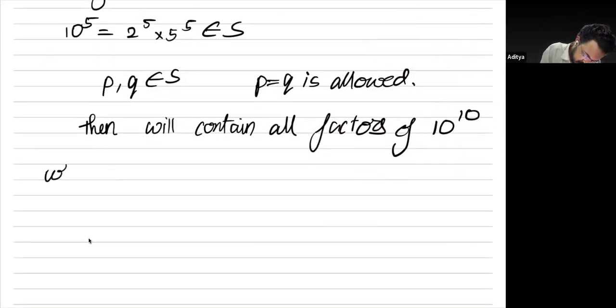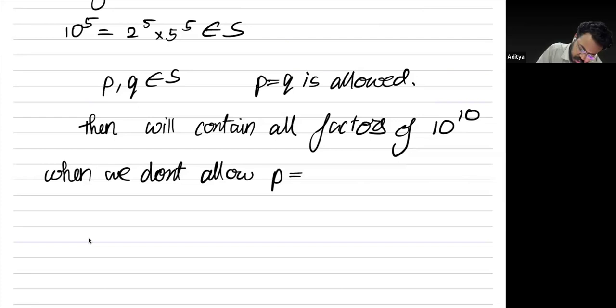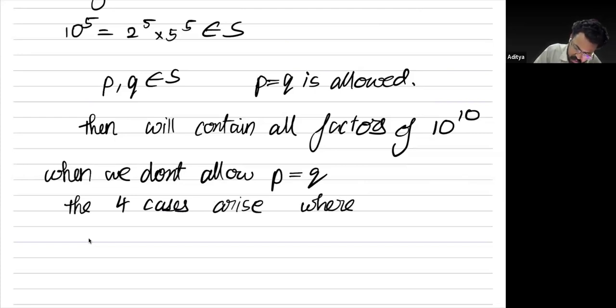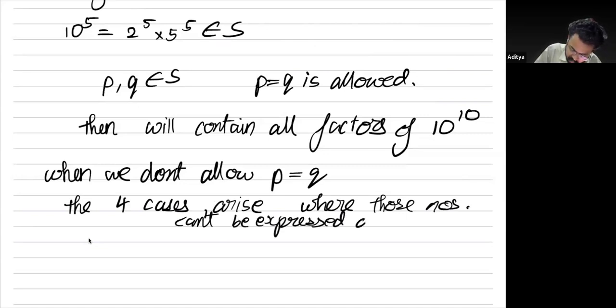Exceptions are when we don't allow P equal to Q, then four cases arise where those numbers can't be expressed as a product of distinct elements.